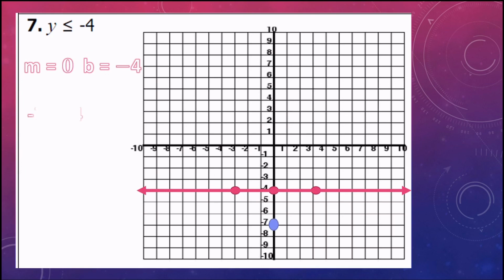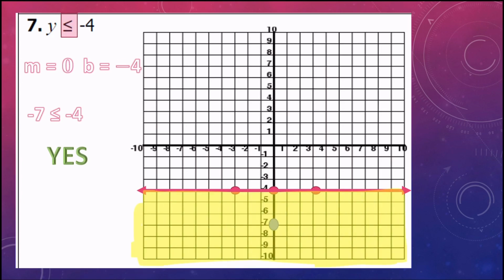So if I plug in that y value, is -7 less than or equal to -4? Yes, it is. So I'm going to shade all those points below. If you also go back and read the problem, it says y is less than or equal to -4, meaning you're going to shade anywhere that y is smaller than -4.